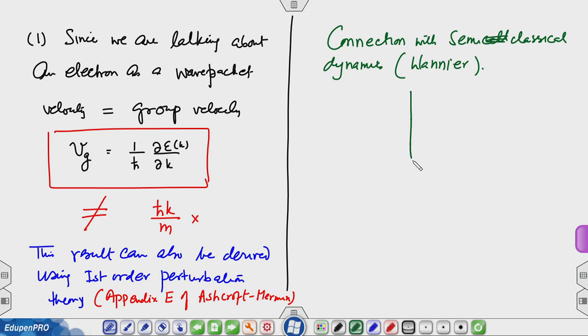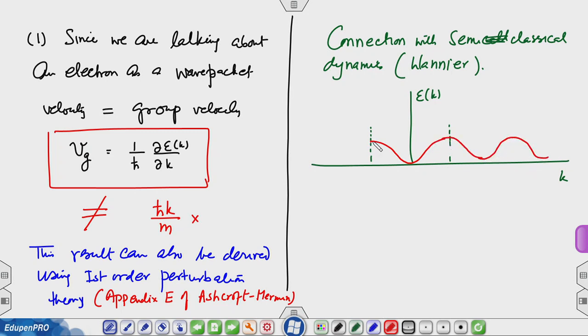So, if I were to plot E k versus k, this is the first Brillouin zone, and if I were to go into extended zone scheme, then we had pointed out earlier that this energy is periodic in k.